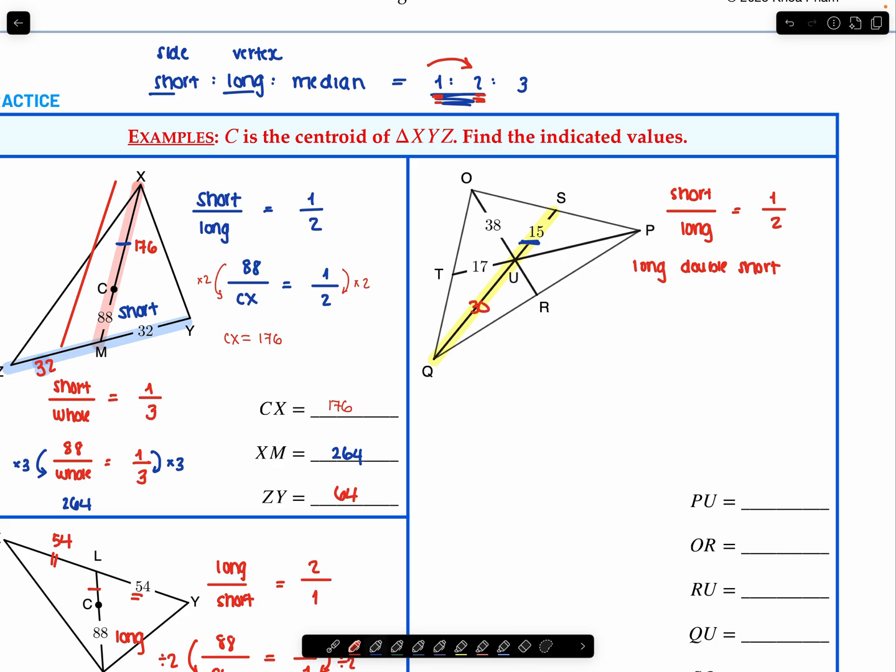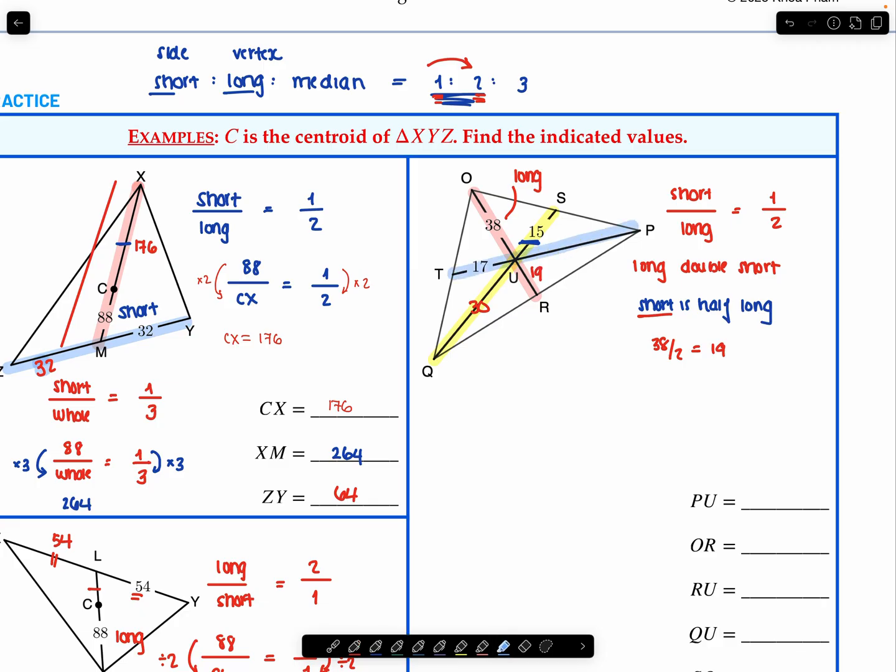Or we're going to say that the short is half the long. So I'm looking now at this line right here, where this value, the 38, is actually the long part. And so if short is half the long, 38 divided by 2 happens to be 19. UR is going to be 19.